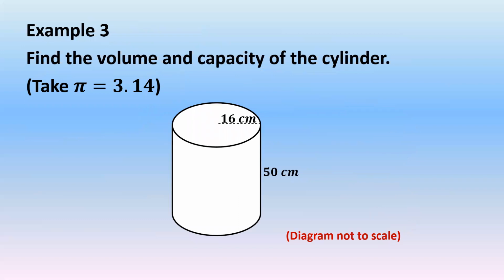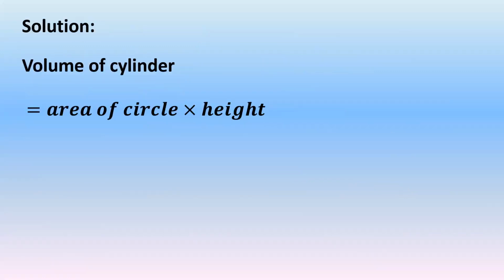Example 3. Find the volume and capacity of the cylinder. Take pi to be 3.14. Volume of cylinder is equal to area of circle multiplied by height, which is equal to pi r square multiplied by h.